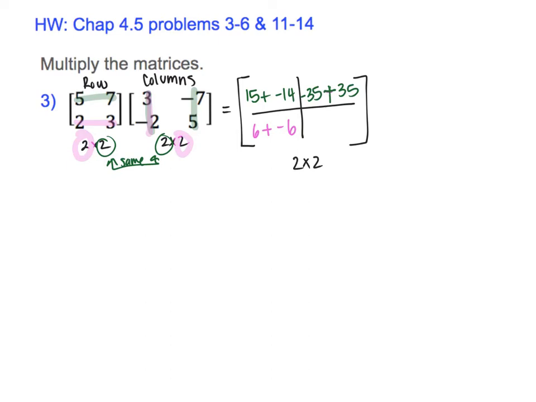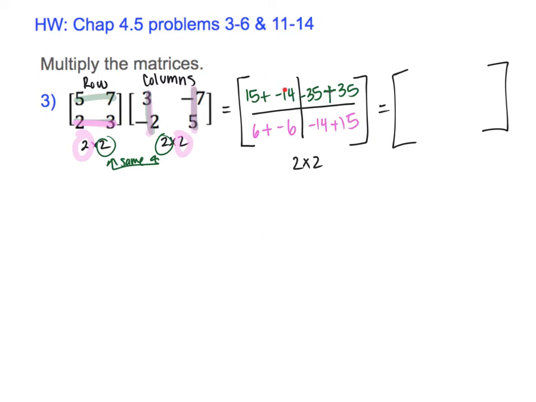And then, so I'm going back to this one now. So this is the second row, second column. So I'm going to multiply the second row with the second column. So 2 times -7 is -14, plus 3 times 5 is 15. All right, let's clean it up here. So again, this is going to be a 2 by 2.